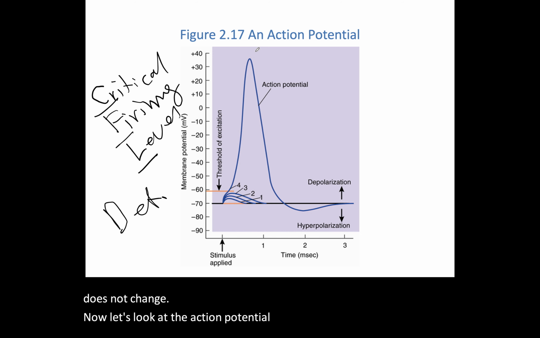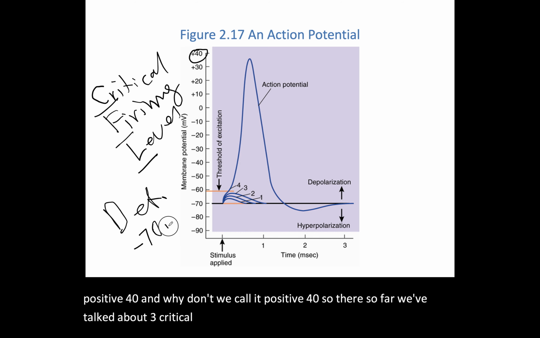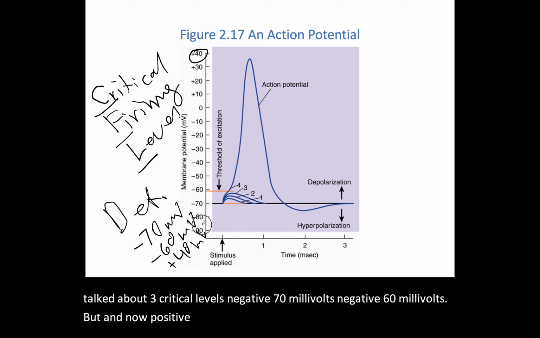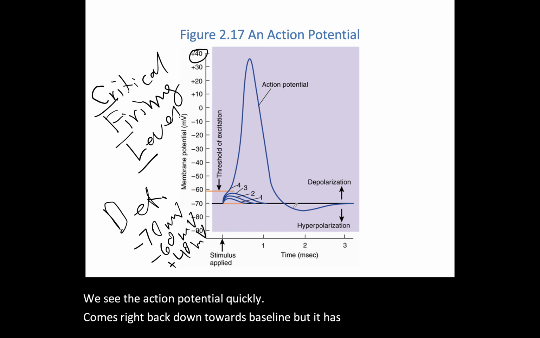You'll see that it rises to roughly positive 40. And why don't we call it positive 40? So so far we've talked about three critical levels: negative 70 millivolts, negative 60 millivolts, and now positive 40 millivolts. You see the action potential quickly comes right back down towards baseline, but it has this overshoot.